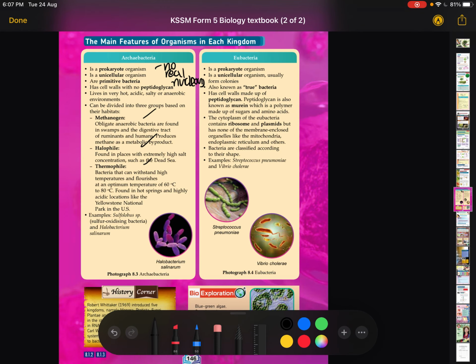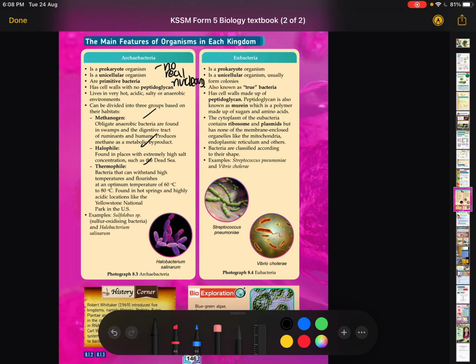So methanogens come from the word methane, and it is for anaerobic bacteria that secrete methane as a metabolic product. The reason why they secrete methane, I'm actually not so sure, but they are able to survive in very hard to breathe locations.